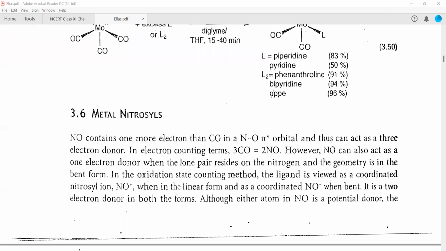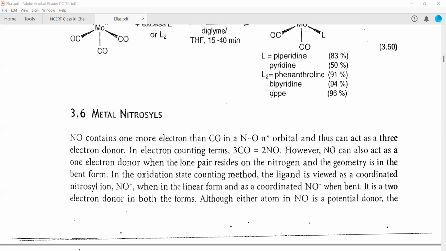In electron counting terms, 3 CO equals 2 NO. However, NO can act as a one electron donor when the lone pair resides on the nitrogen and the geometry is bent. In the oxidation state counting method, the ligand is viewed as a coordinated nitrosonium ion, NO positive, when linear, and as a coordinated NO minus when bent.